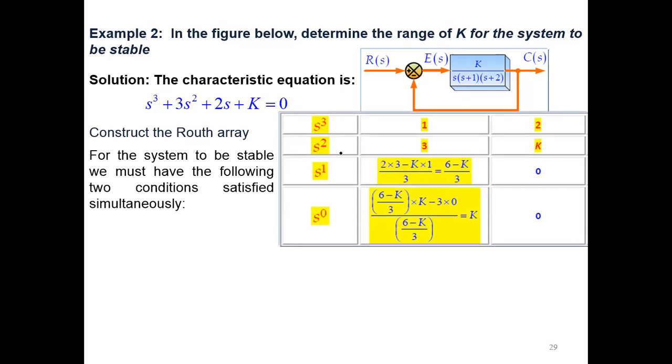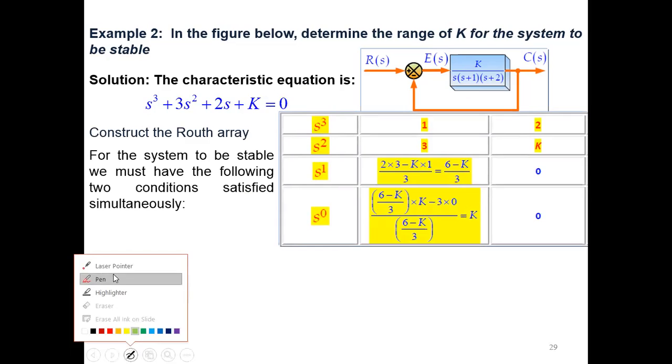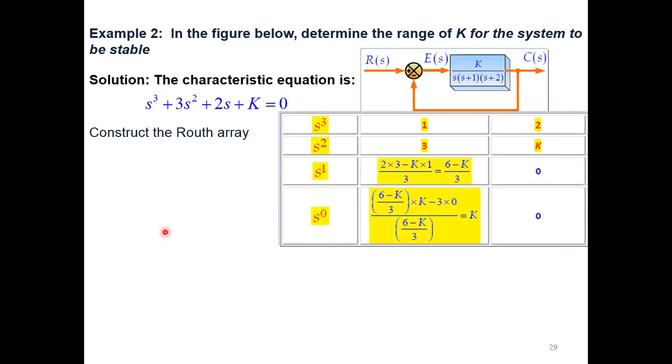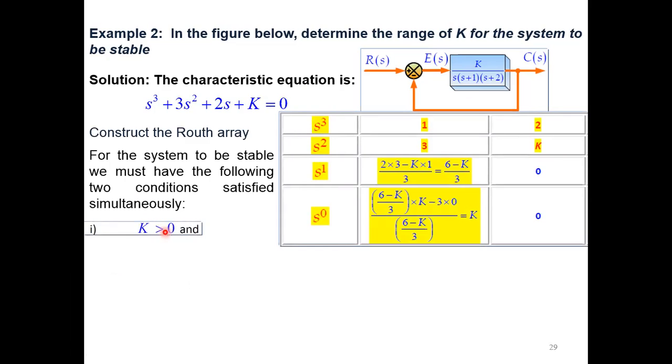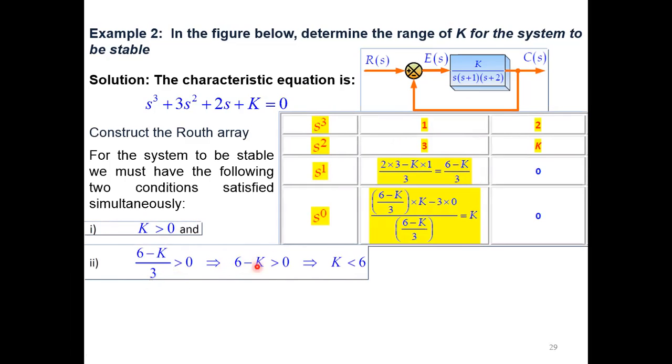For the system to be stable, we must have the following two conditions simultaneously. First, k should be greater than 0, and second, (6 minus k) over 3 should also be greater than 0, which implies 6 minus k should be greater than 0, or k should be less than 6. So the range of stability is k from 0 to 6.